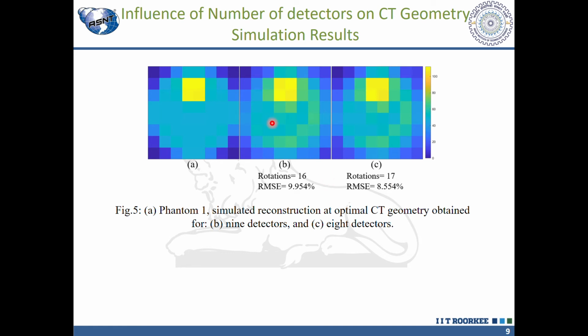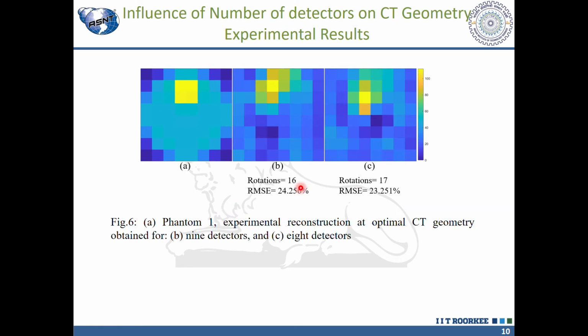So we reconstructed the image of phantom first in simulation, and here is the root mean square error at these settings. To verify these results, we have performed the experiment. Here are the experimental results.